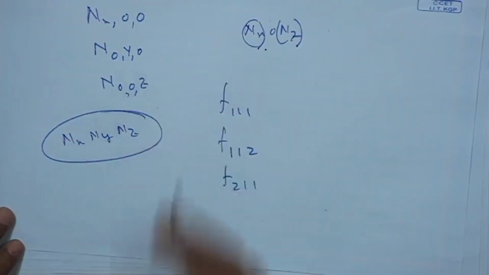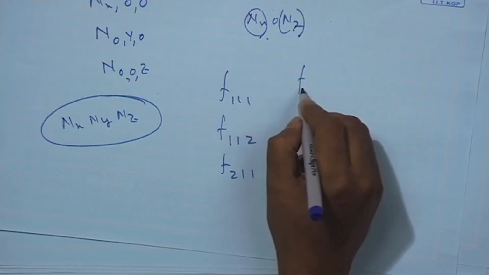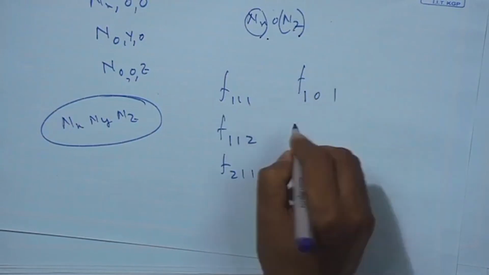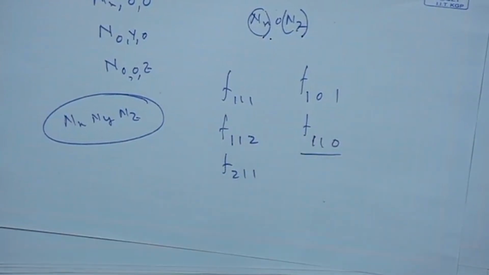All kinds of combinations will be possible, first harmonic, second harmonic, third harmonic, that is called an oblique mode. If it is a tangential mode, only two will be there, so f 1 0 1 or f 0 1 1, all are tangential modes. Okay.